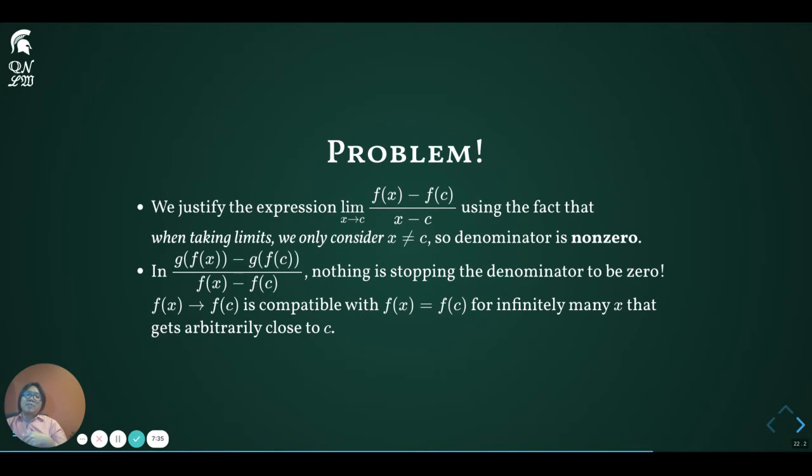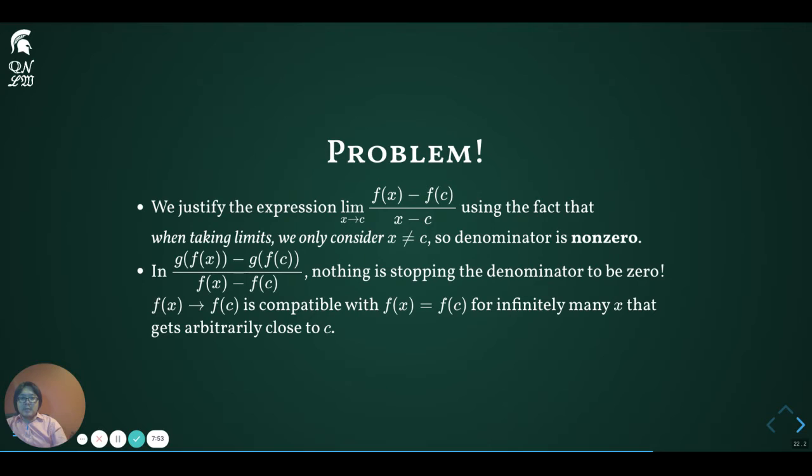These values may even be arbitrarily close to c. So, the formula g of f of x minus g of f of c, divided by f of x minus f of c, may not be a well-defined formula on an interval around c.